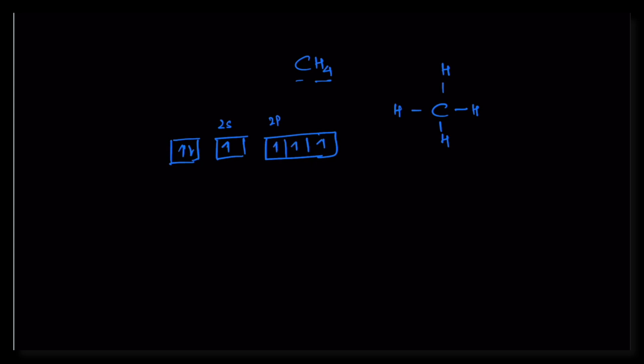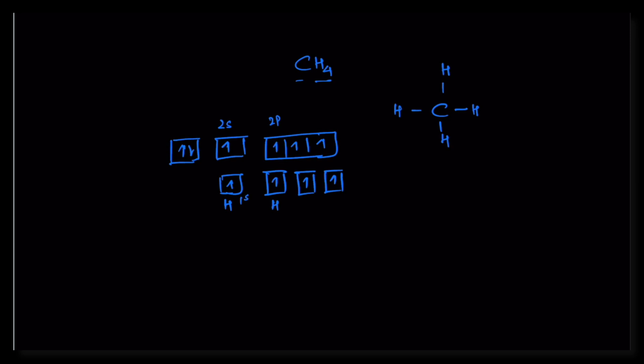Suppose hydrogen comes in to form bonds with carbon. We can get one electron from hydrogen for pairing with the 2s subshell electron. We can also get one electron from hydrogen for each of these p subshell orbitals.